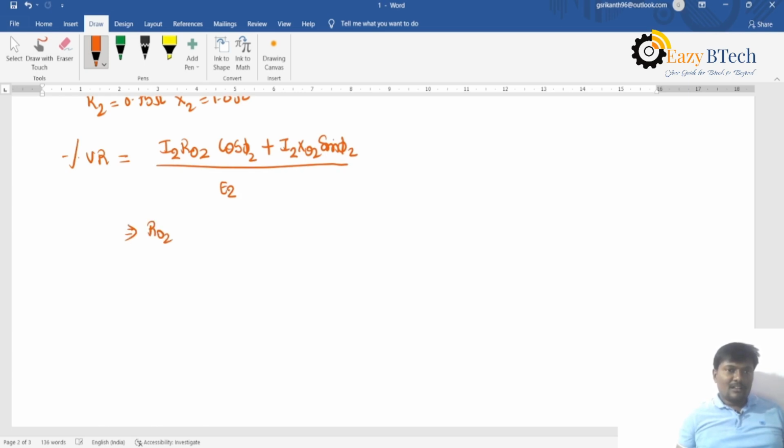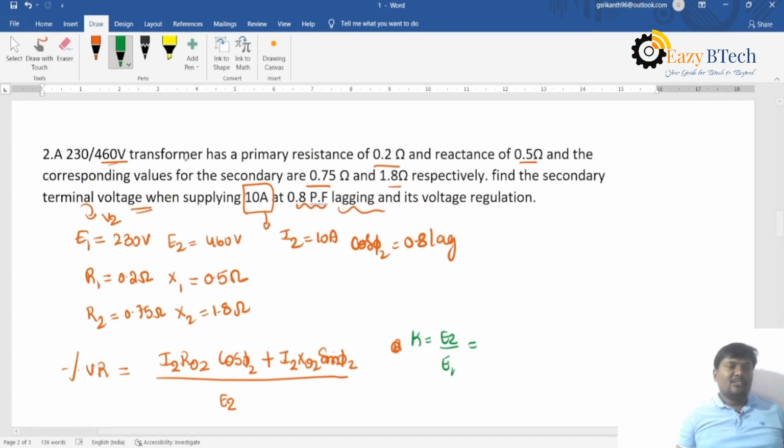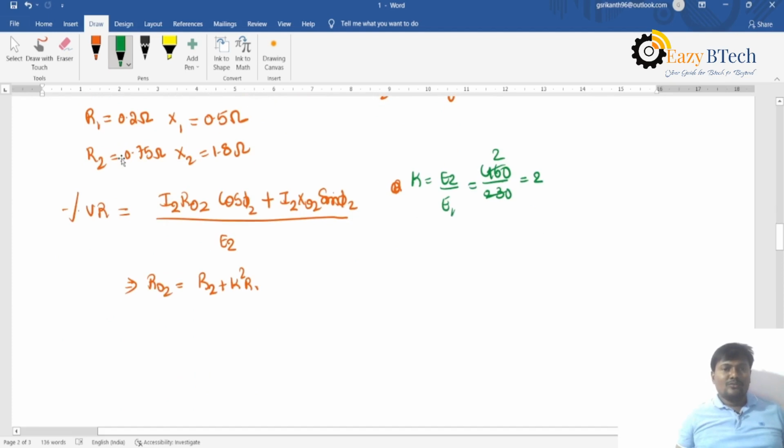R02 is equal to R2 plus K square times R1, where K is equal to E2 by E1. 230 by 460 means it is a step up transformer, so 460 by 230, the K value is 2.